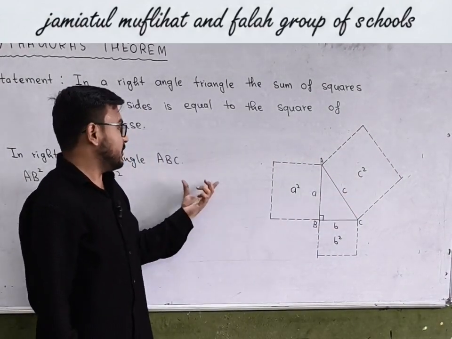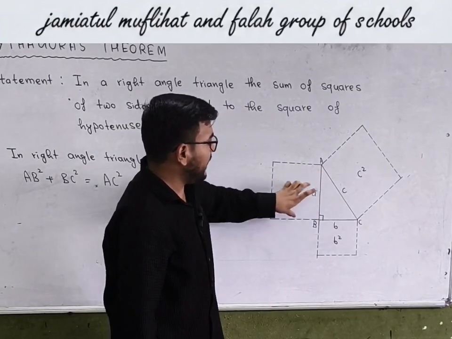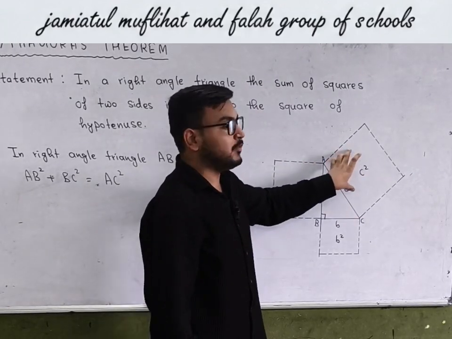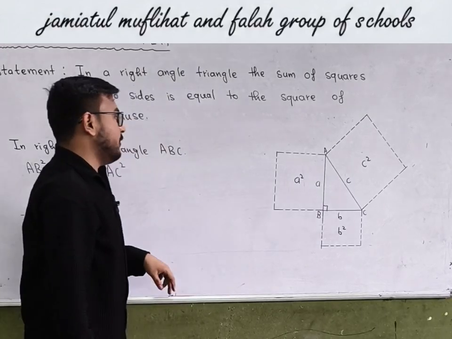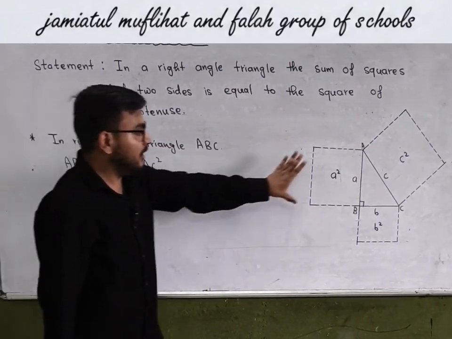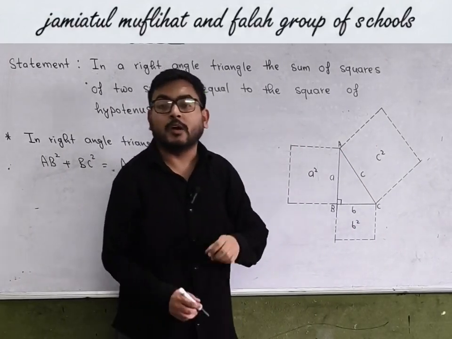So according to the Pythagoras theorem, if we do the sum of a square and b square, this will always be equal to the square of hypotenuse. So in right angle triangle ABC, AB square plus BC square will always be equal to AC square.